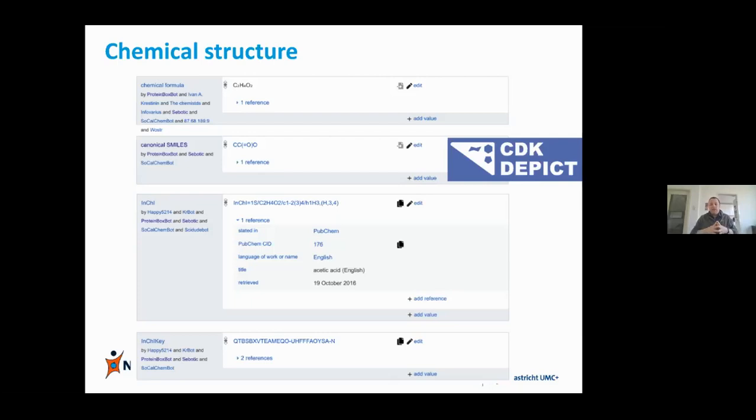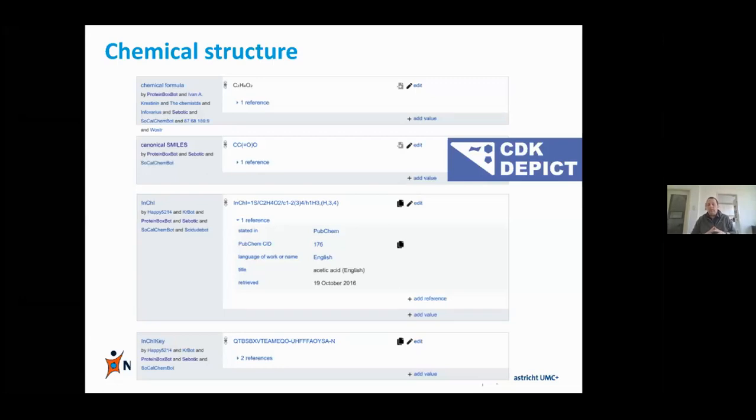The InChIKey is here. But another really important thing in Wikidata is that every statement can have one or more references. More and more people are annotating there with where information is coming from. So here, for example, for acetic acid, we find that the standard InChI was actually retrieved from PubChem.